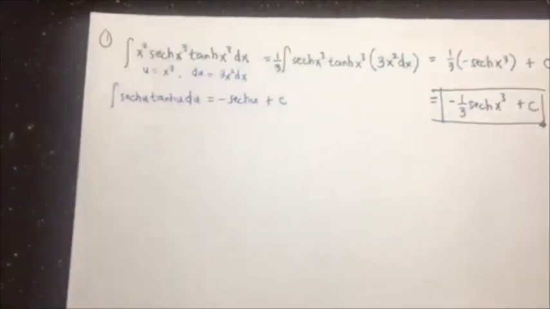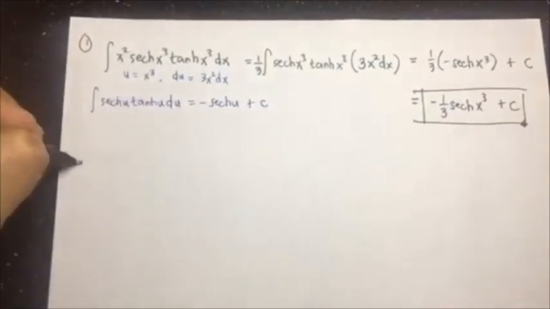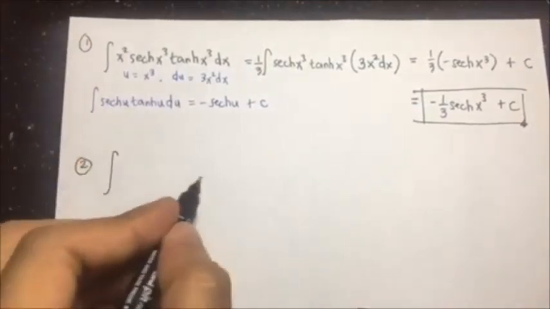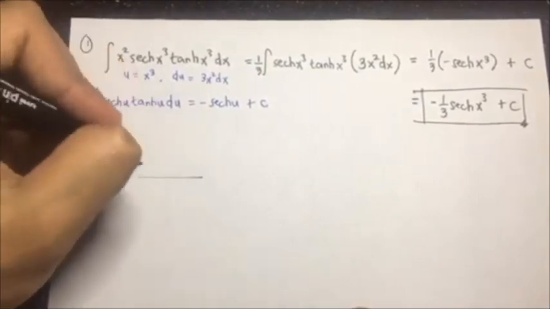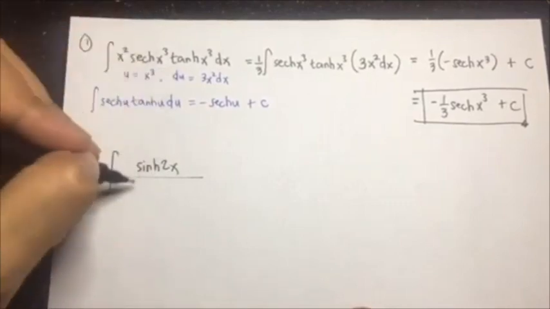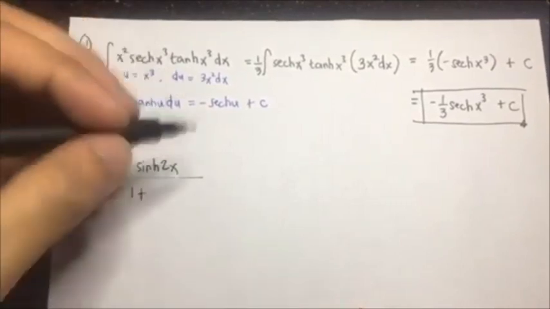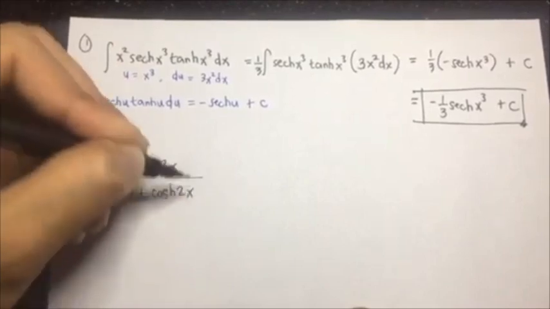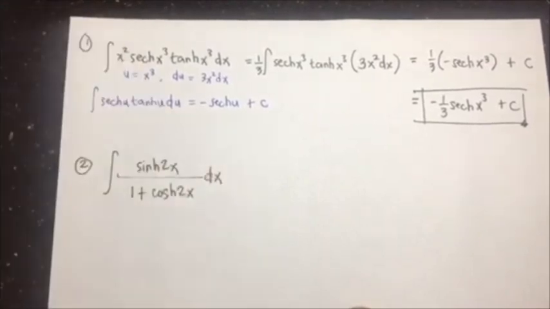Okay, so another example, let's have example 2. Let's say we have the integral of hyperbolic sine of 2x over 1 plus hyperbolic cosine of 2x dx.